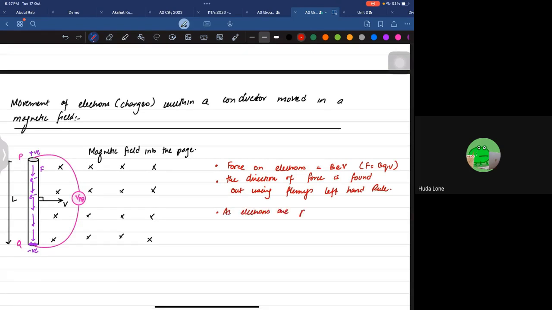So we can say that as electrons are pushed towards Q, Q relatively becomes negative and P positive. Okay.